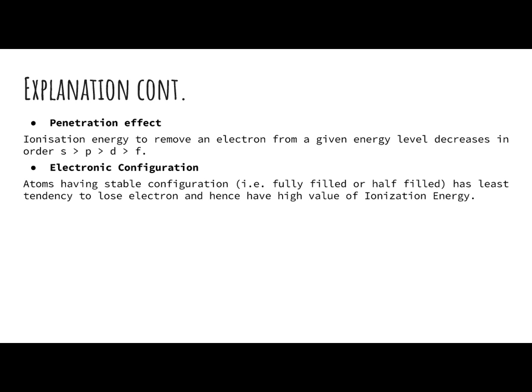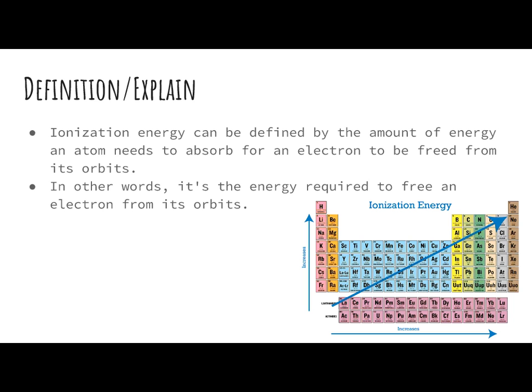And as far as electron configuration goes, atoms that are more stable, so if they're half filled or fully filled, are least likely to lose an electron, which is why they're going to have a higher ionization energy because it takes more energy to let go of the electron. So if you compare two atoms, let's say we compare something group 1 to group 2. So let's say sodium.